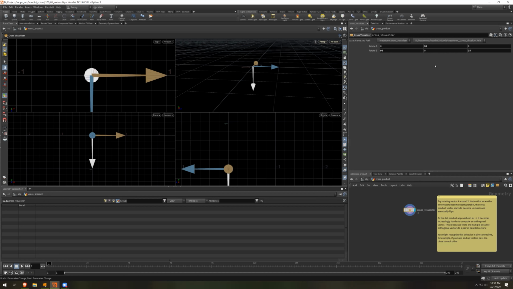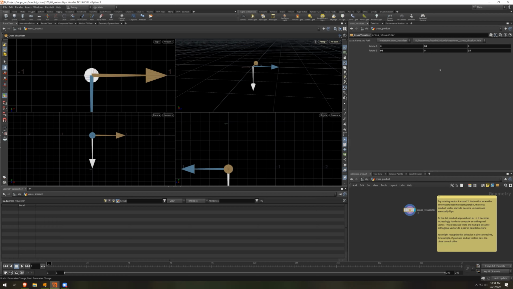Where you might have seen this in practice is when you're dealing with something like an aim constraint. If you've ever made an aim constraint before, you'll notice that you need a forward vector, like your aim vector, and an up vector in order to solve an aim. And you'll notice that if your objects are passing right over each other, you'll get some possibly popping or flipping behavior as that thing crosses. The reason for that is because of this property of the cross product.